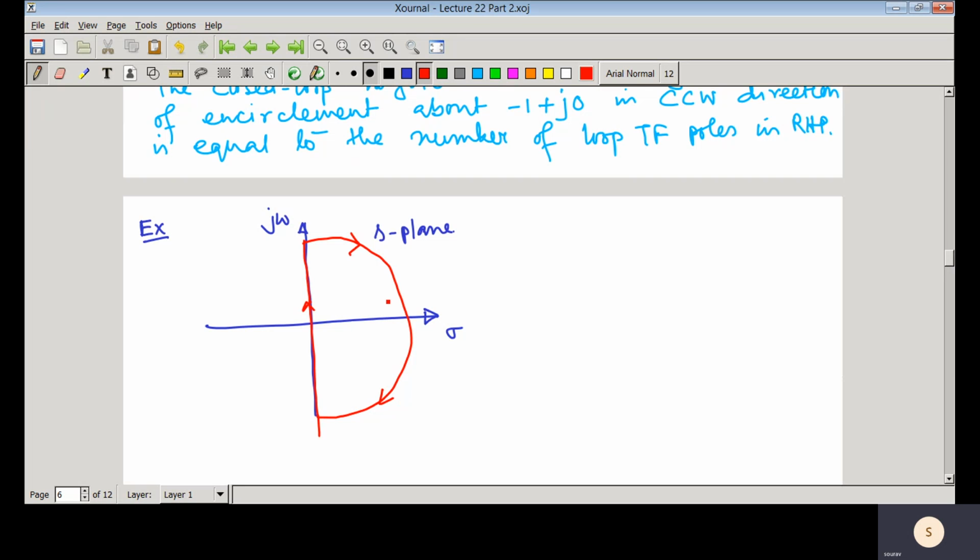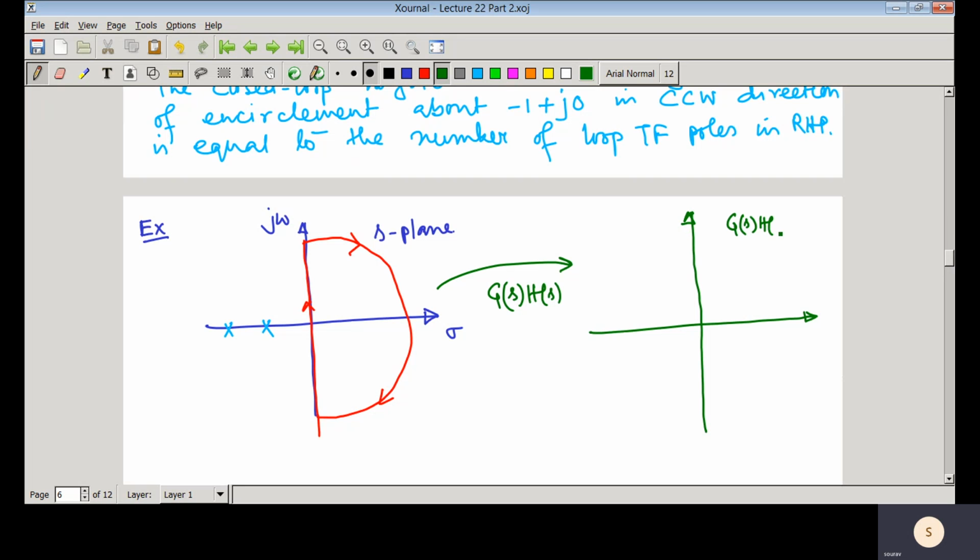And then suppose the poles of the loop transfer function are here. Now we have given one G(s)H(s). So suppose we have that G(s)H(s), and if we plot it, do not forget to mention what plane it is, that is G(s)H(s) plane.